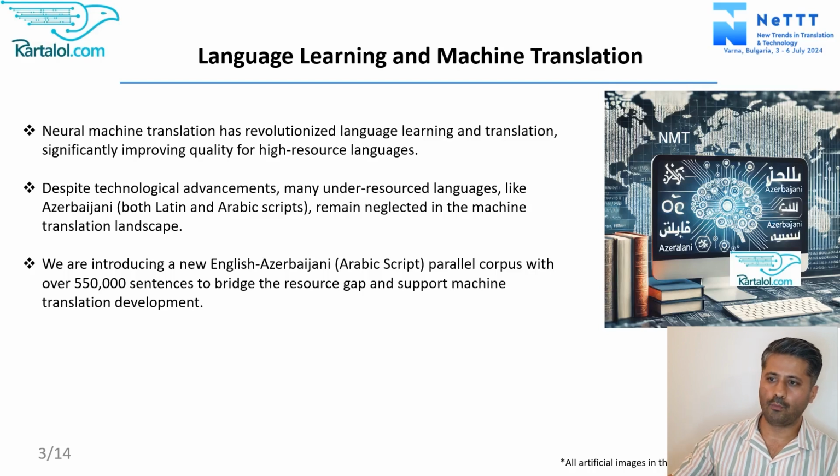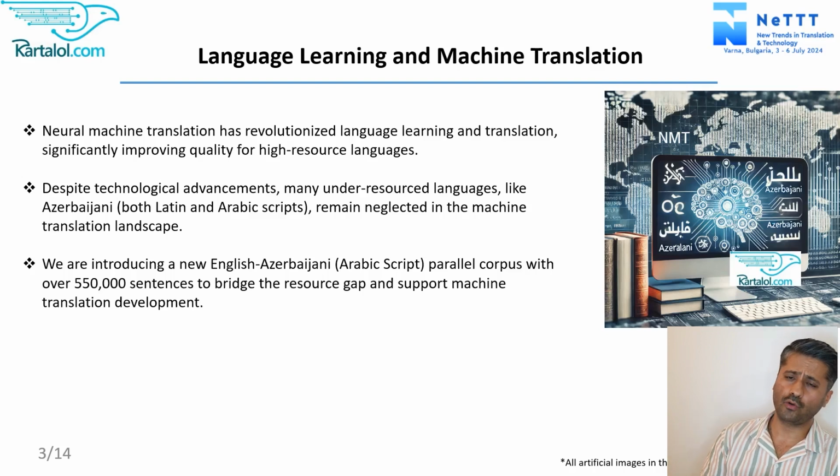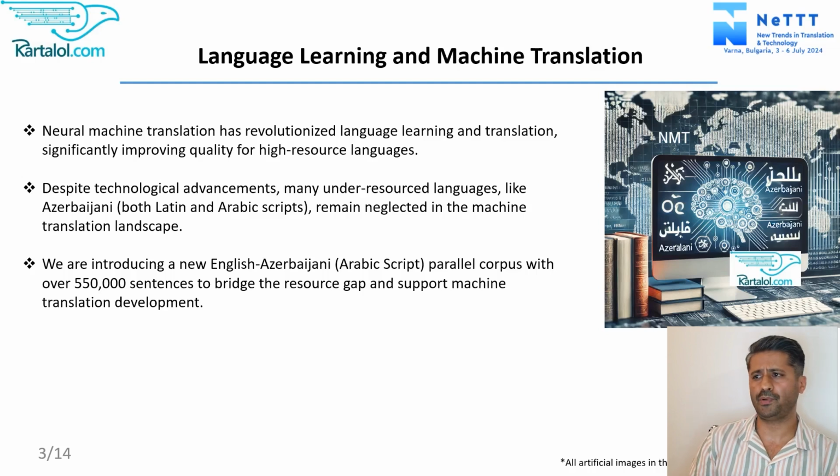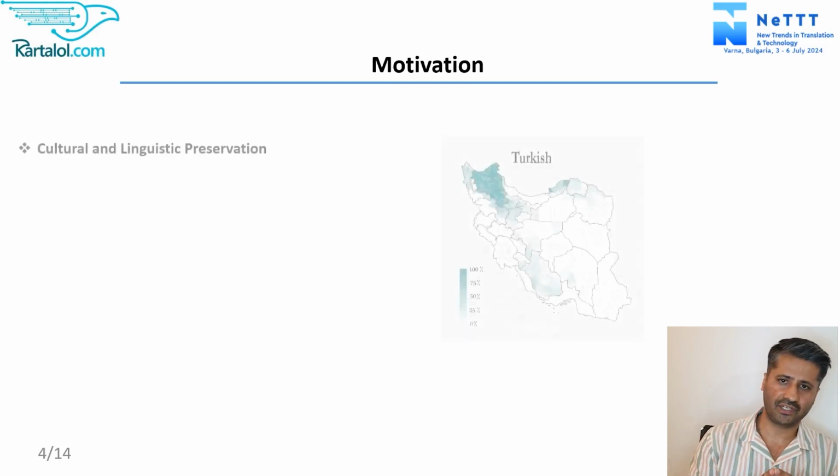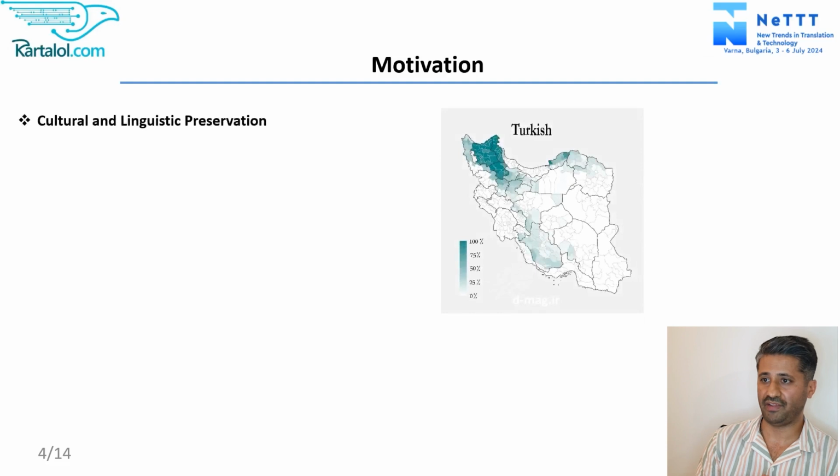So, motivation. What is the motivation behind this project? The development of our new English-Azerbaijani parallel corpus is driven by several critical motivations. Firstly, cultural and linguistic preservation is a major motivation.